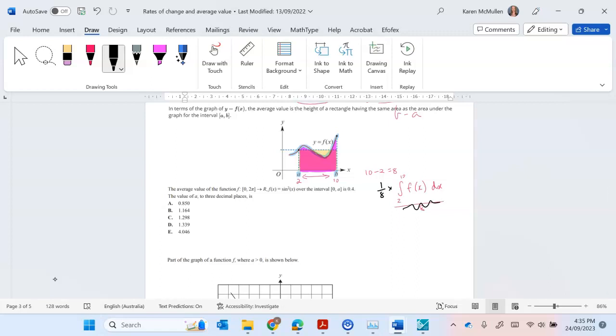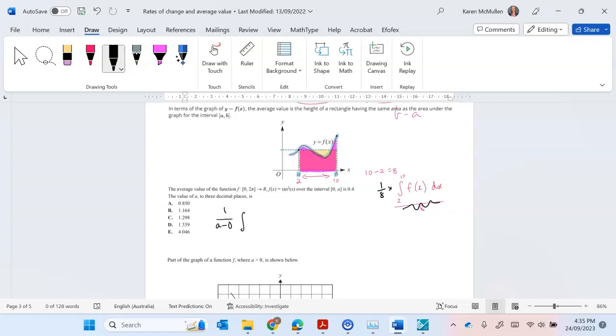The average value of a function from 0 to 2 pi. So that's our domain of f of x equals sine squared x over the interval 0 to a is 0.4. So let's just set up that definite integral. All right, so 1 over b minus a, and oh gosh, don't you hate that when they use the same letters?